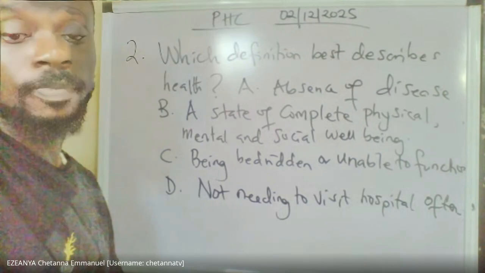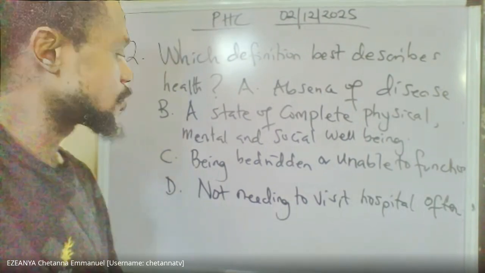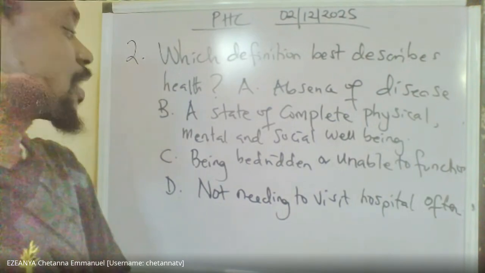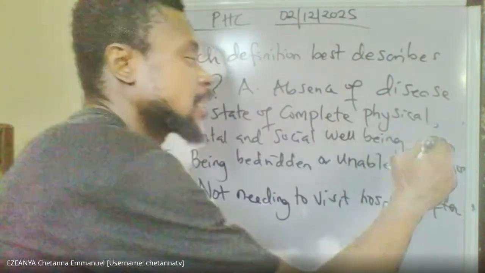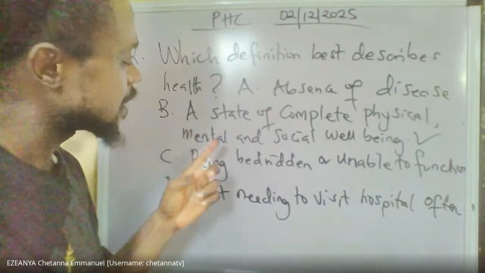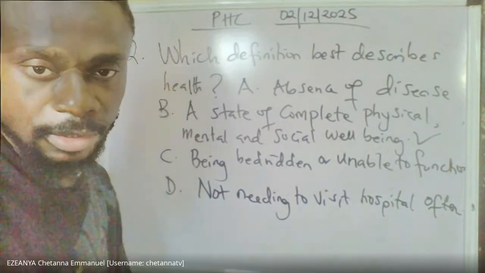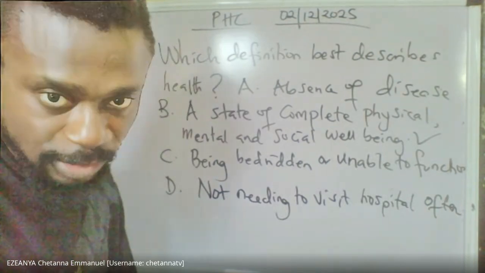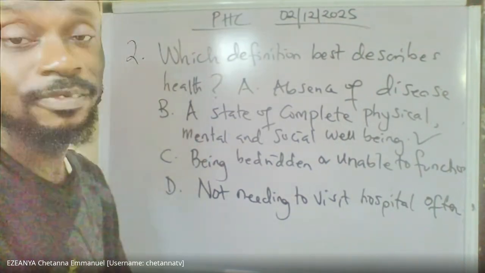The answer to this question is B, a state of complete physical, mental, and social well-being. That's the answer. Why did I choose this answer? Because this aligns with the World Health Organization definition of health, and this definition is the most comprehensive of health definitions.